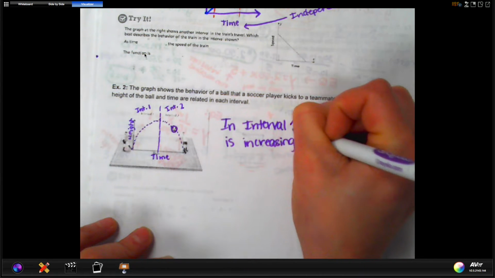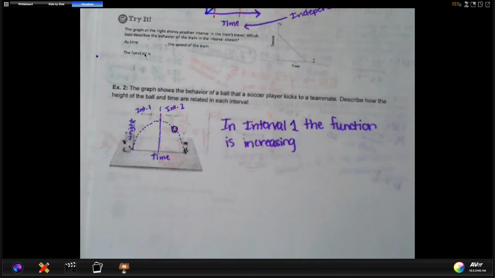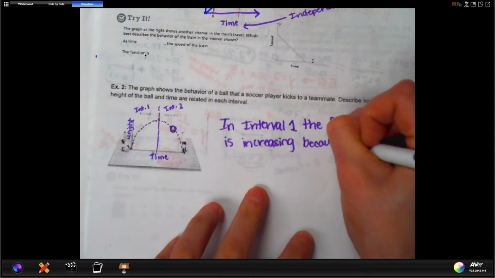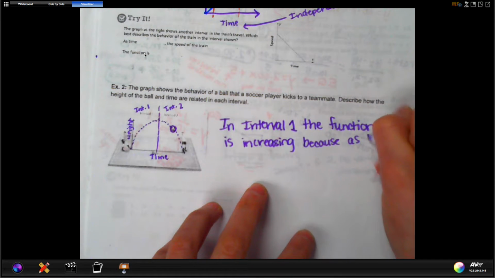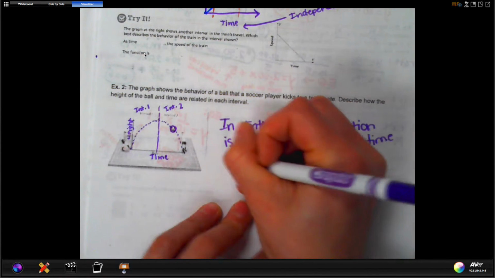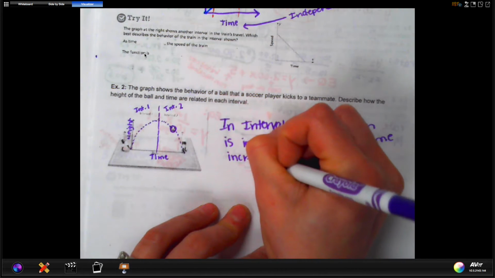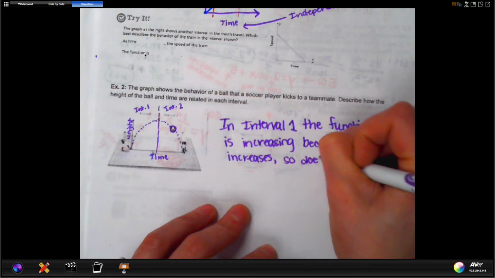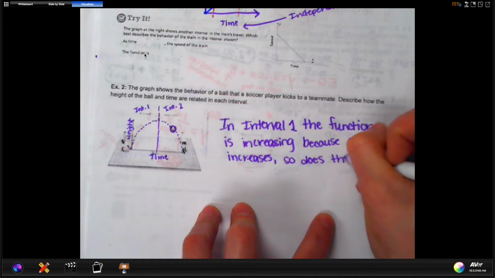And I'll make sure that's a 1. Because as time increases, so does the ball, the height of the ball.